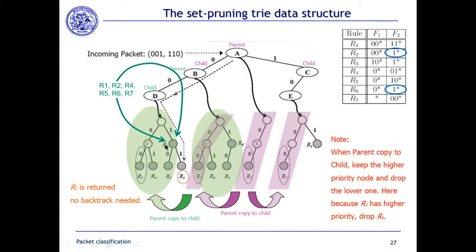So what we finally write in this node is only R2, because R2 is the rule with the highest priority, higher than R6. This is something that may happen when you copy rules, and the ambiguity is solved by looking at the priority.